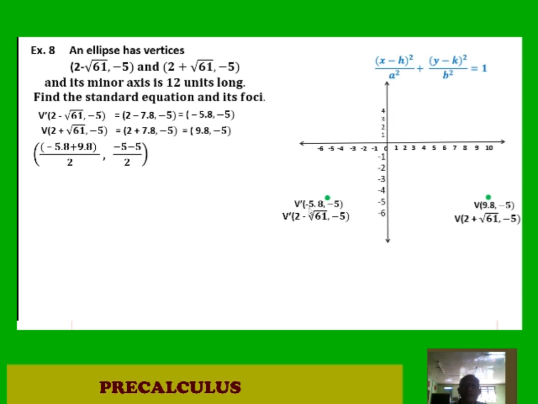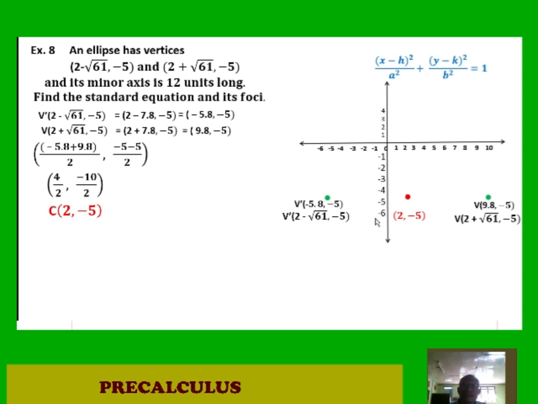We add -5.8 plus 9.8 divided by 2, and -5 plus -5 divided by 2, to determine the midpoint as the center of the ellipse. So simplify. The sum is 4 divided by 2, and this is -10 over 2. So the center of the ellipse is 2, -5. So let us plot that point.